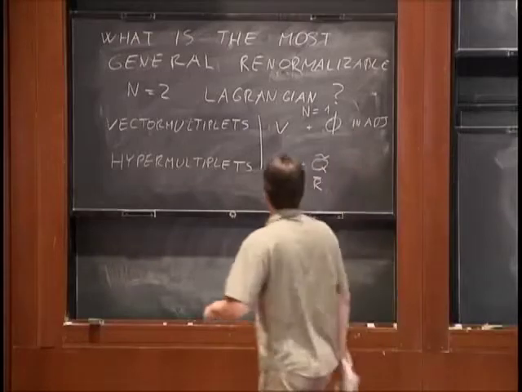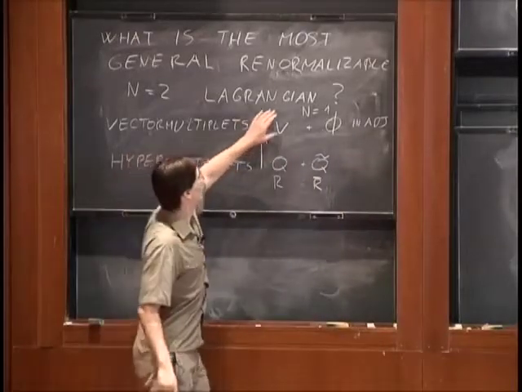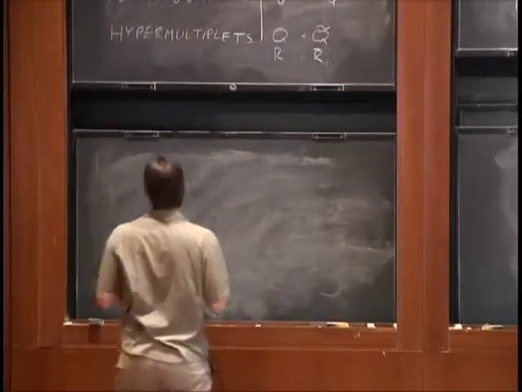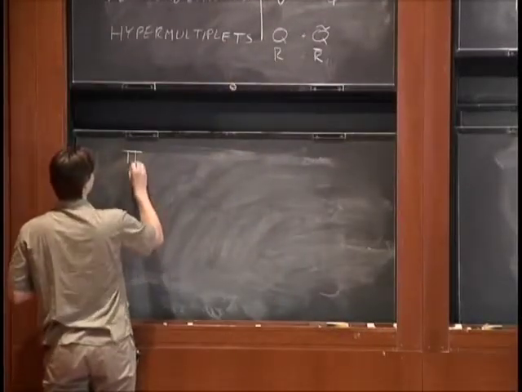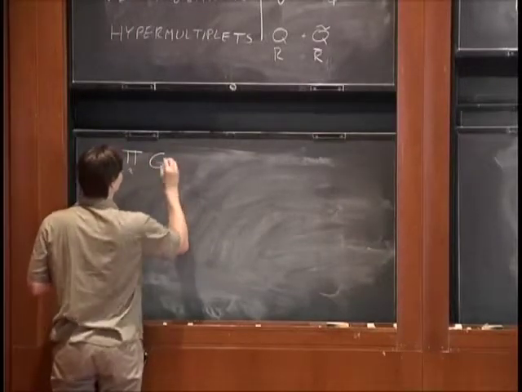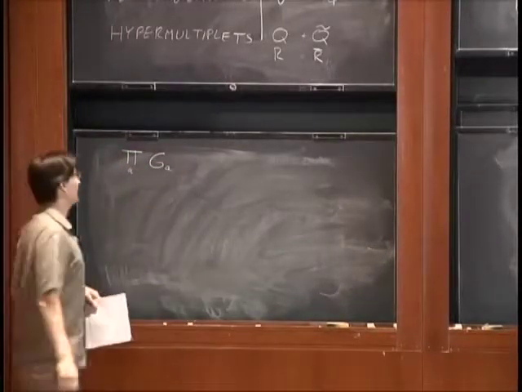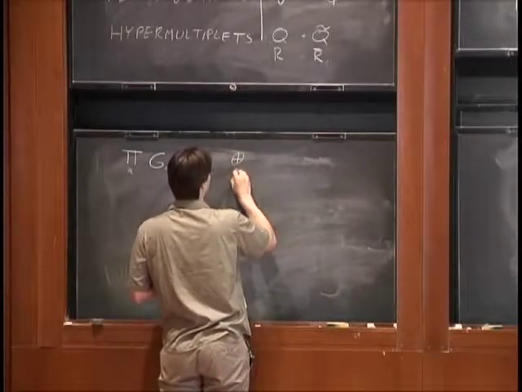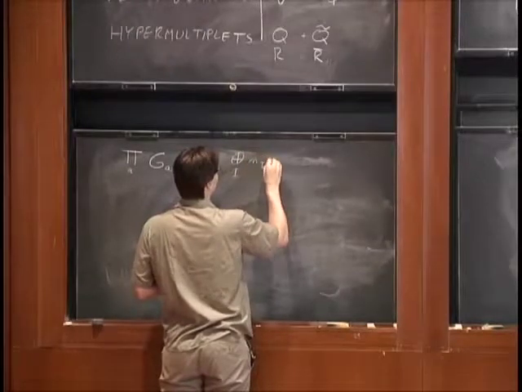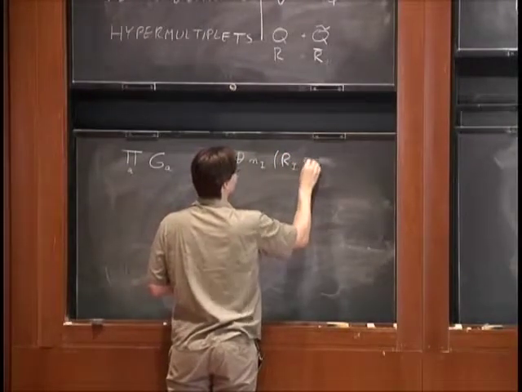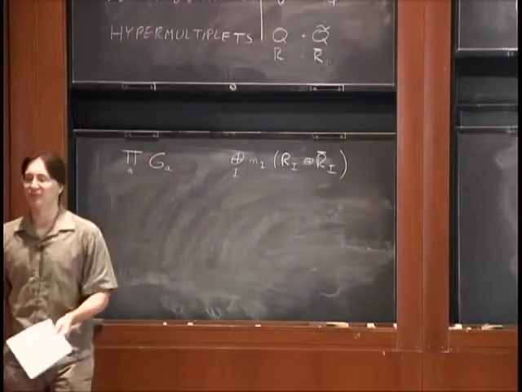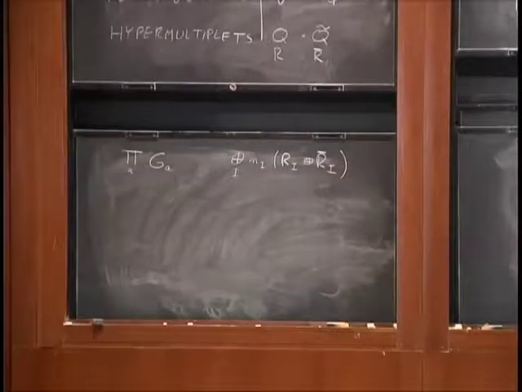So once you tell me which gauge groups you have, and what the matter representations are, the general structure of the Lagrangian is determined. The only freedom that you have left is to put in some gauge couplings and some mass parameters, as we'll see shortly.